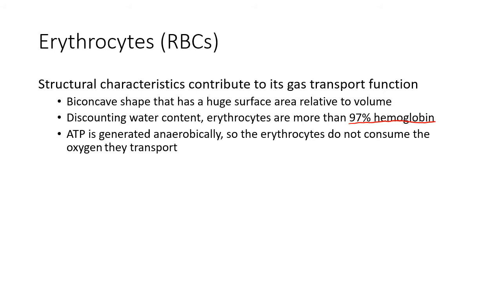That biconcave shape increases the surface area relative to the volume of the cell. If we had a sphere for a cell, we wouldn't have as much surface area. No matter which way we look at that particular cell, the surface area is less than a cell of basically the same size that has that biconcave disc.